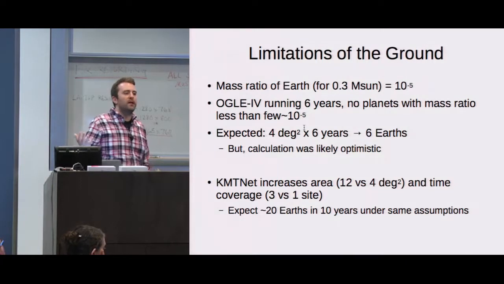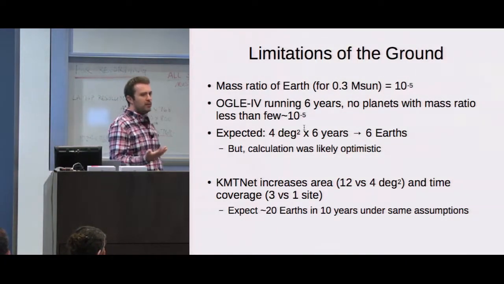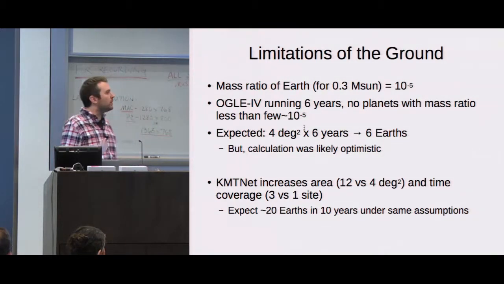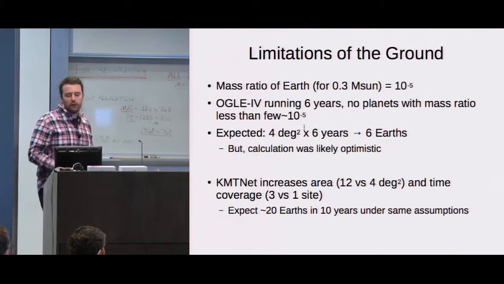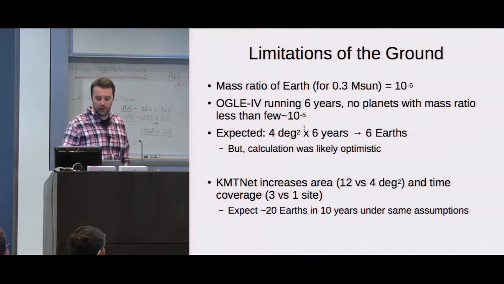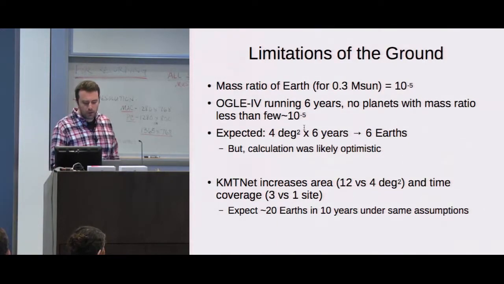But this calculation was probably optimistic. I assumed that every star that they find in their images, they can monitor at high enough precision to detect Earths, and this is an optimistic assumption. There's probably a number of others in there as well. So it's coming out about right, at least at the order of magnitude level.